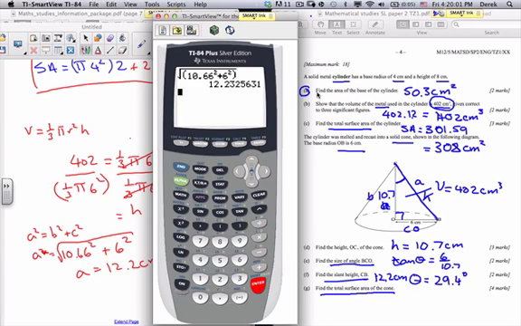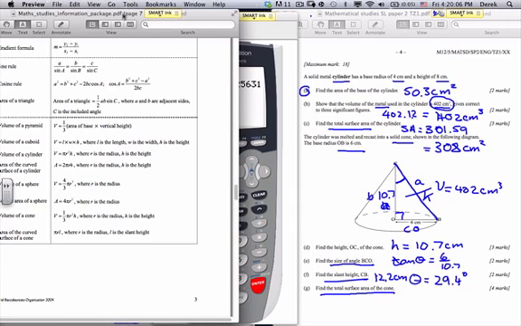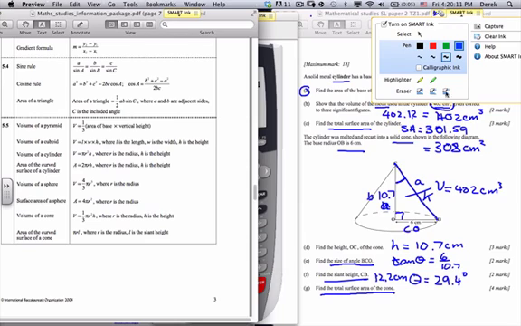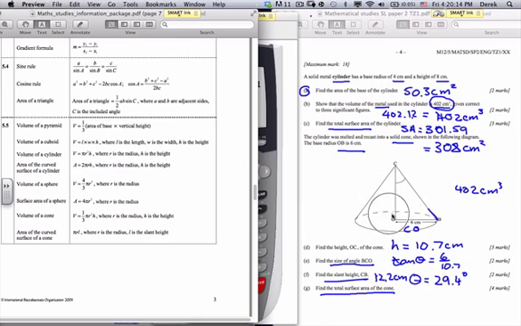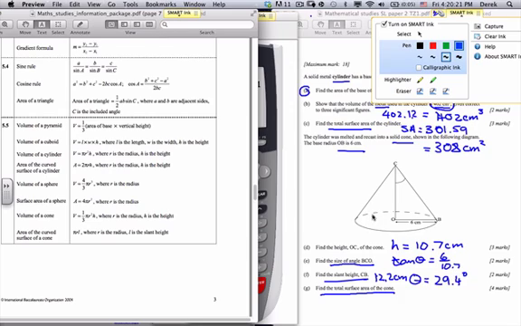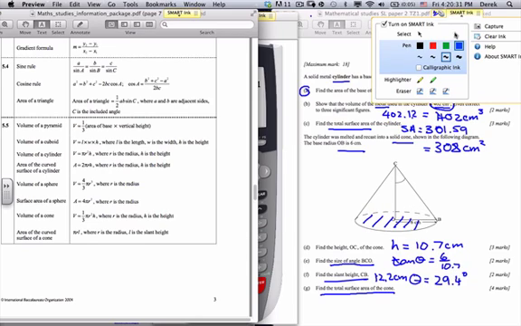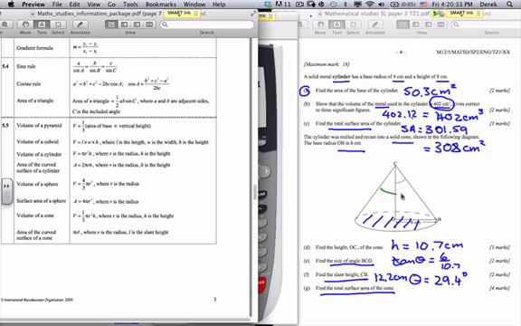And then it says find the total surface area of the cone. Now in doing that, let's just firstly bring in our formulas here, and let me just clear this up a bit like that. Now we want to find the total surface area of the cone. Now that's made up of two parts. We've got the area at the bottom, that area over there, and then we've got our curved surface here. So we've got the two parts.